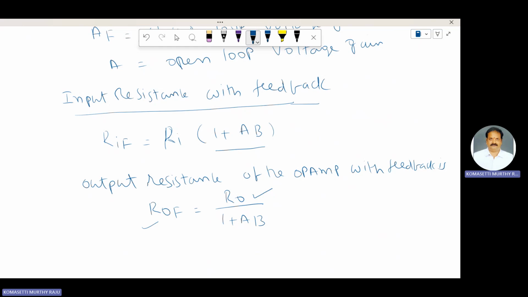Similarly, RI is the input resistance without feedback, and RIF is the input resistance with feedback.